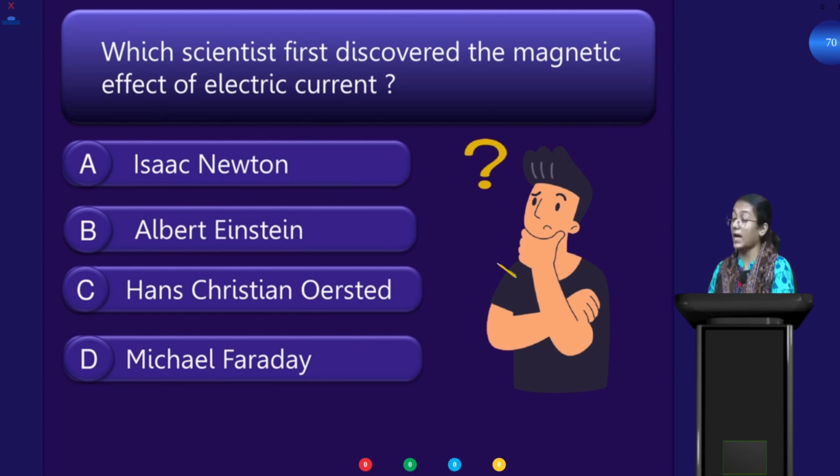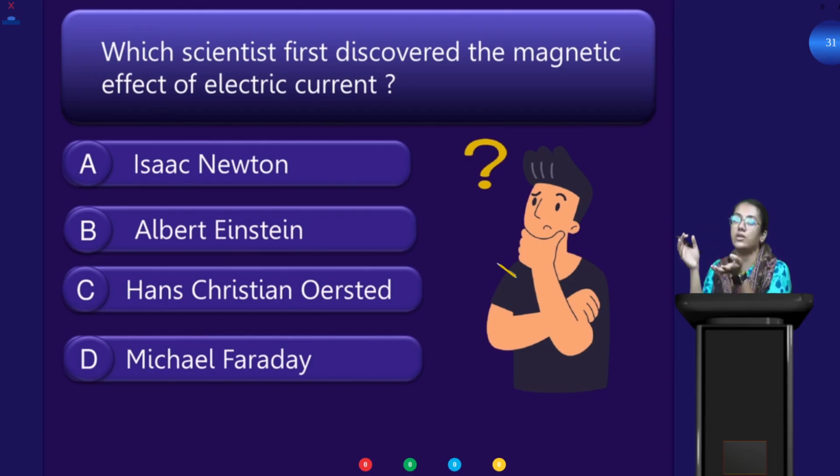So, which among the following scientists first discovered the magnetic effect of electric current? Is it option A, Isaac Newton, option B, Albert Einstein, option C, Hans Christian Ørsted, or option D, Michael Faraday? Try to answer, everyone, okay? Who was the first one to give us the idea about the magnetic effect of electric current?